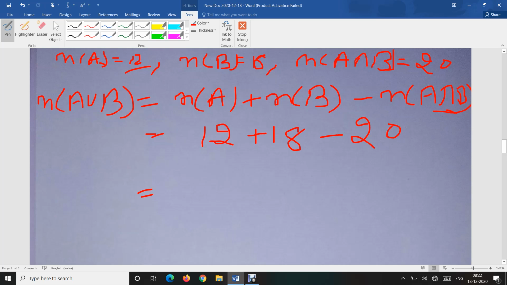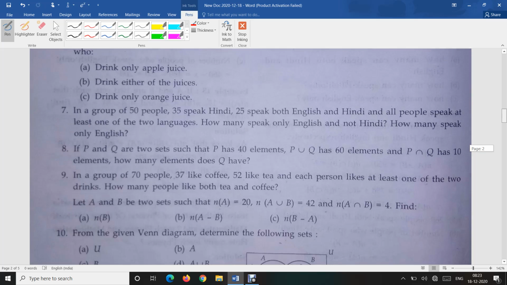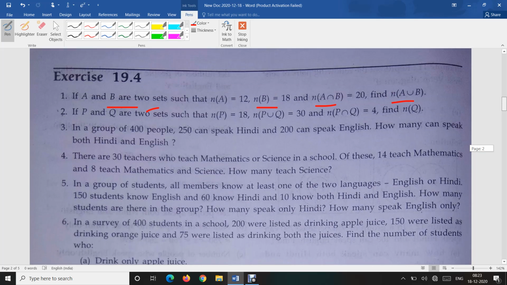Now you add them and it will be 30 minus 20. That means n of A union B is equal to 10. We have to just apply the formula and put the values, and we will find the answer in such a way.